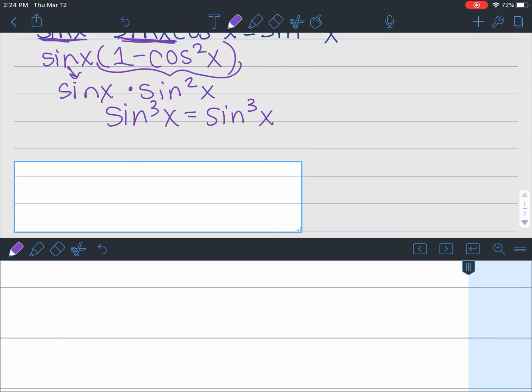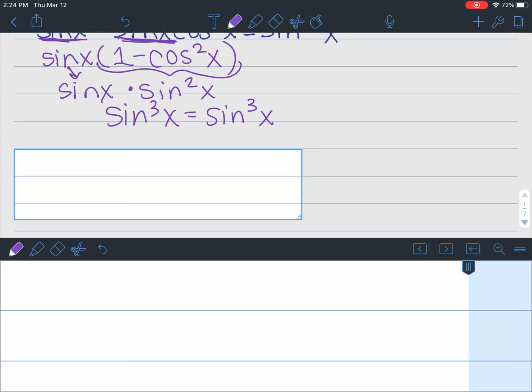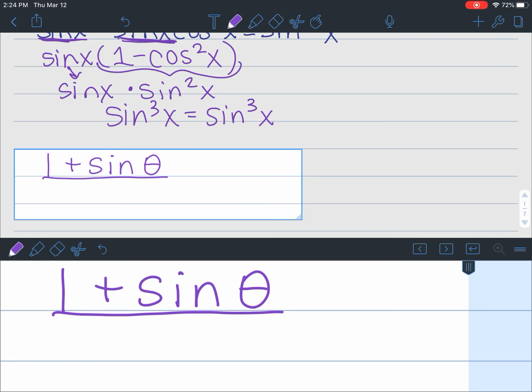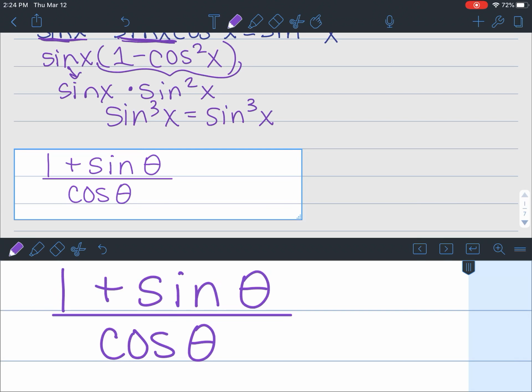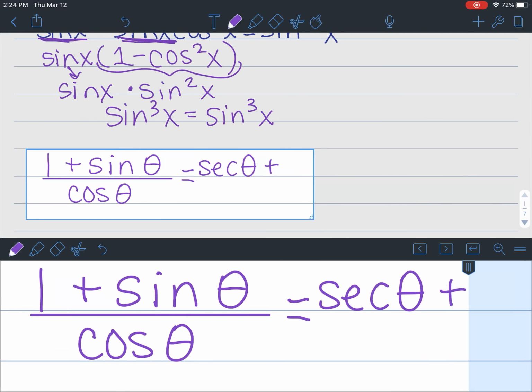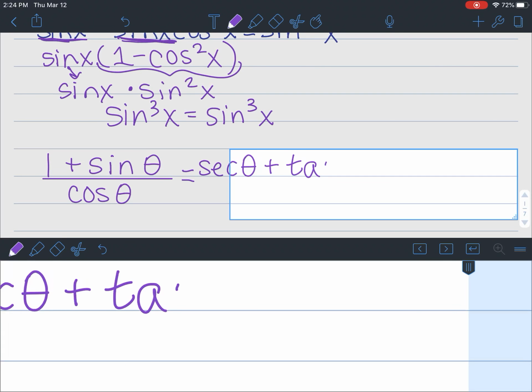All right, now we're going to have a problem with some fractions. I know, your favorite. 1 plus sine theta, and remember theta is just another variable, it's just like an x. It won't always be an x. 1 plus sine theta divided by cosine theta equals secant theta plus tangent theta.